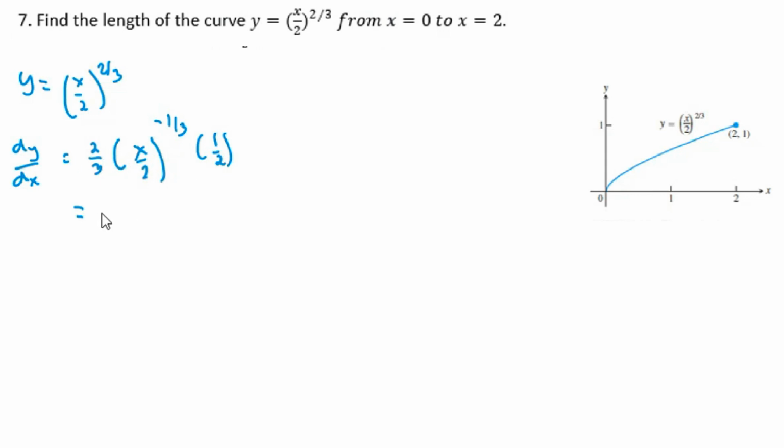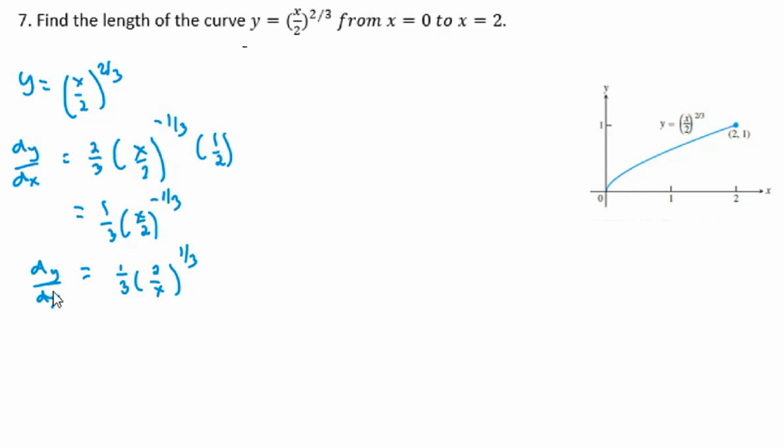The remaining coefficient is 1/3 of x over 2 to the power of negative 1/3. If I interchange the position of x over 2, I also change the sign of the exponent, so this can be written as 1/3 of 2 over x to the power of 1/3.